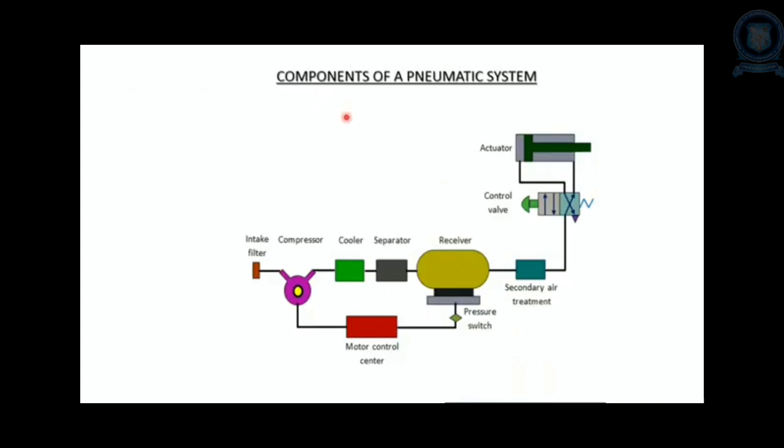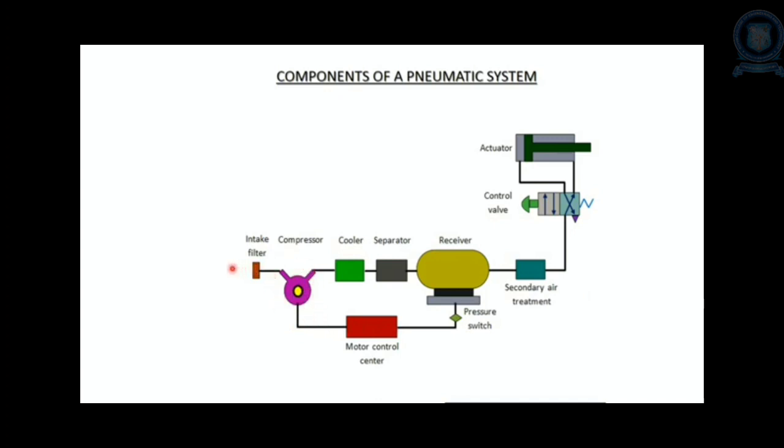Then components of a pneumatic system. So as we already know, the heart of the pneumatic system is the compressor. It is connected with the filter. The compressor is run by means of electric motor. When the electric motor rotates, the compressor will rotate.